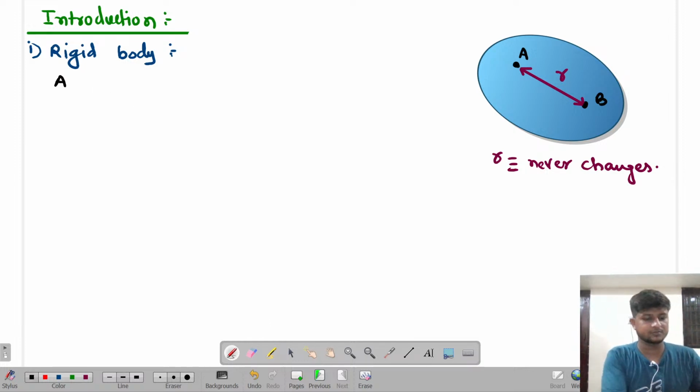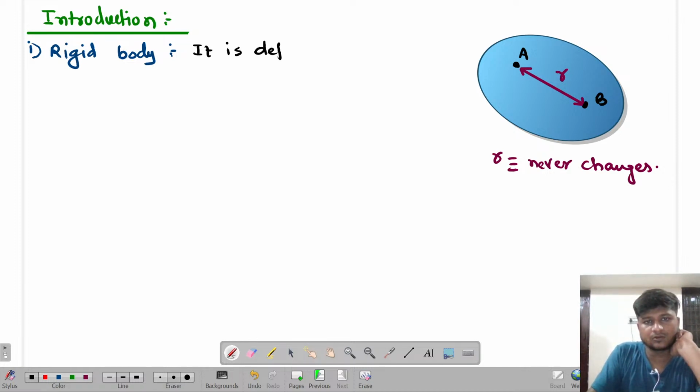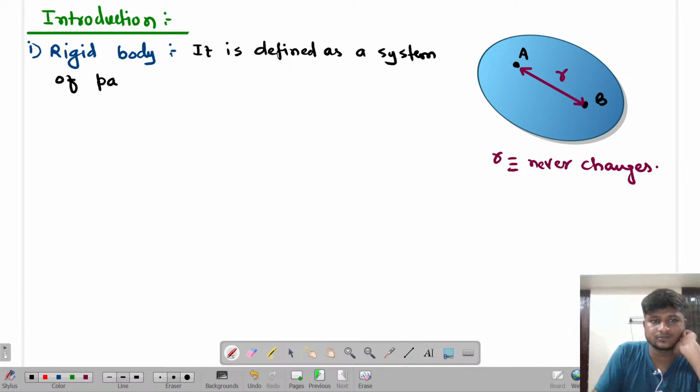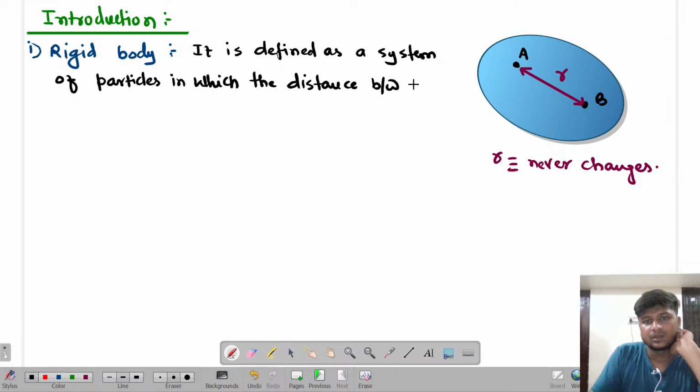A rigid body is defined as a system of particles in which the distance between any two points on the body does not change.